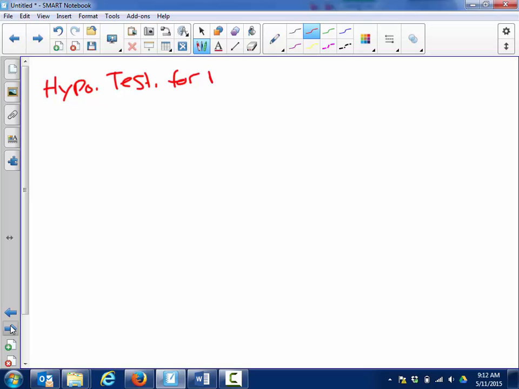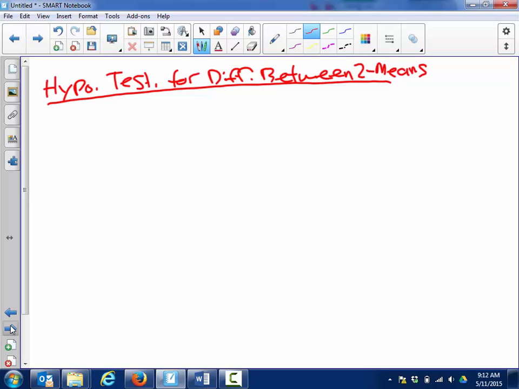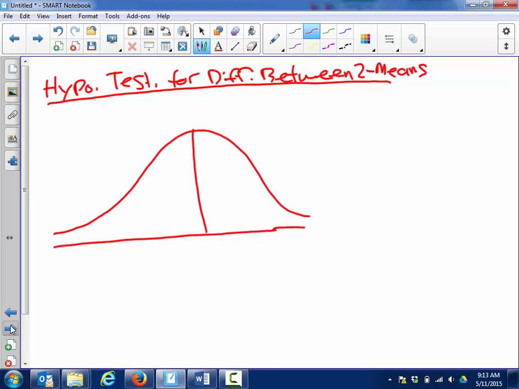All right, so last up, let's talk about the hypothesis test for a difference between two means. You probably won't know the population standard deviations, so you'll probably be using a t-distribution here with the expected value of a mean from the first group minus a mean from the second group, sample mean from each.